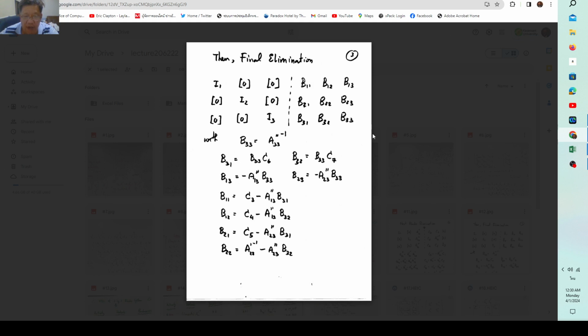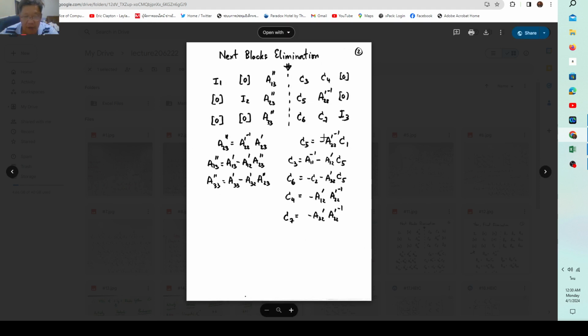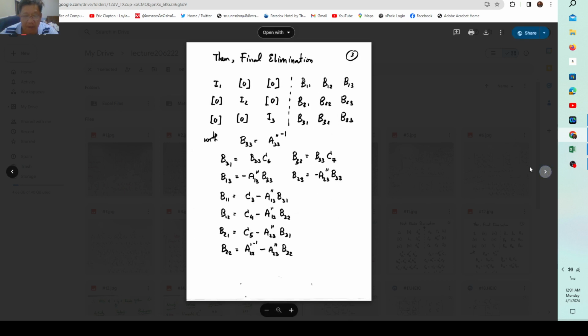Okay, and once you get this, certainly you get B31 and B32 very easily, because the original value of this is C6, C7. You get A33 double prime inverse multiplied by C sub 6, it becomes here, and multiplied by C sub 7, it becomes here, and that becomes B31 and B32. You see that B31 and B32, right?